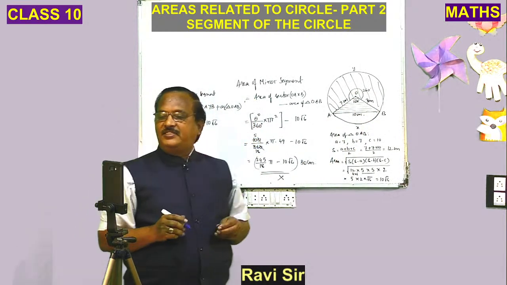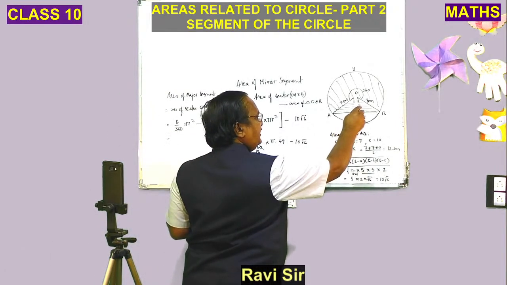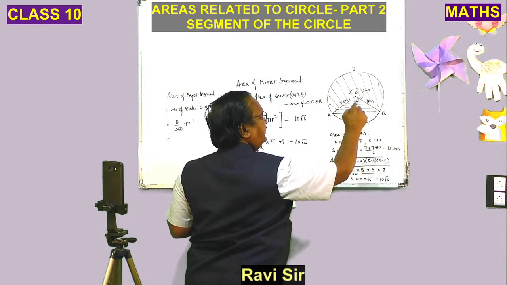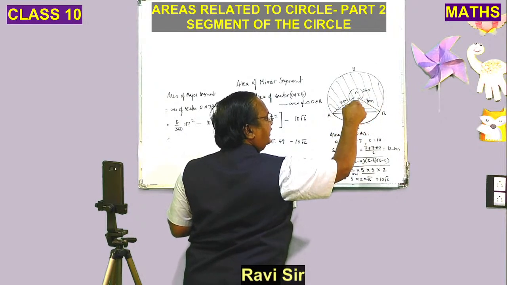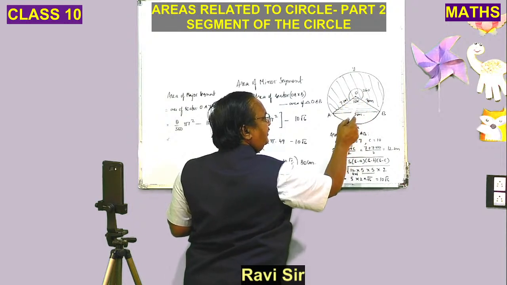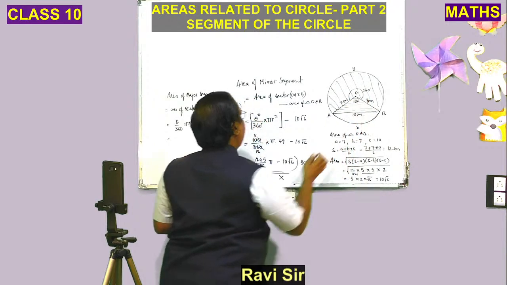Many students will write 100 degrees because the angle of the sector OAYB is the top angle. The angle subtended by this major arc at the center is 260 because this is already 100. So total 360, so 360 minus 100 is 260.